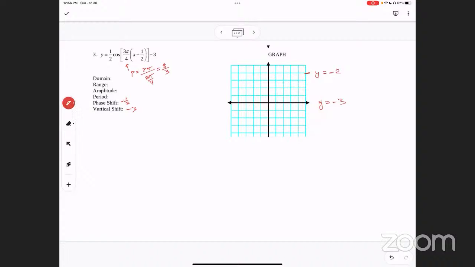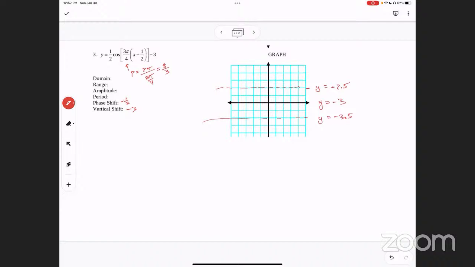In other words, we zoomed in on it, and this is y equals -2.5. You understand what I did? I just zoomed in and gave us a little bit more room. So this is my top line, and this is my bottom line. This is y equals -3.5, just to give us a little bit more room to work. All right, makes sense?